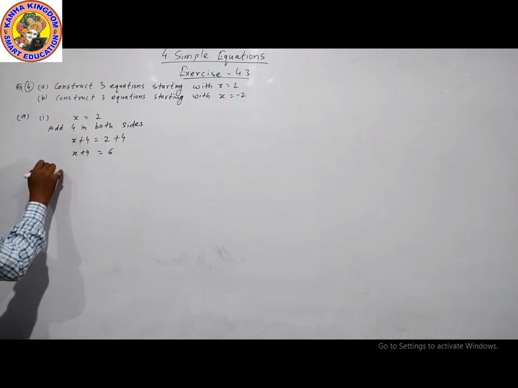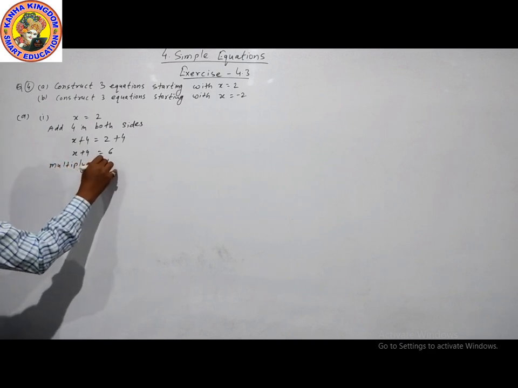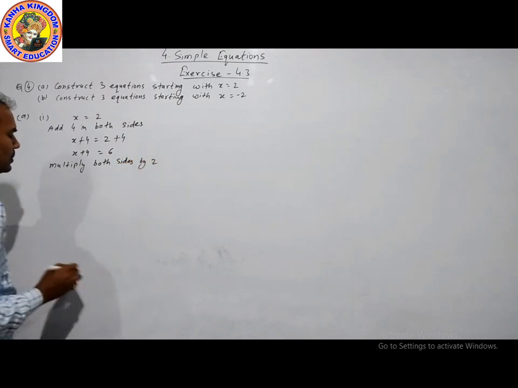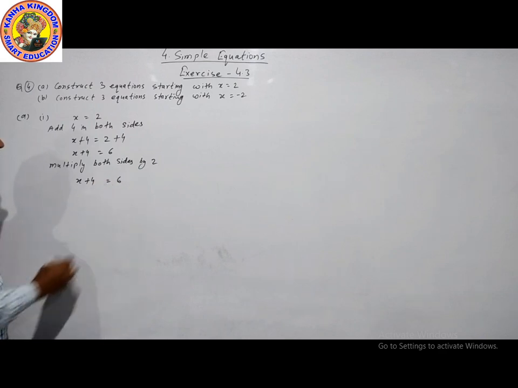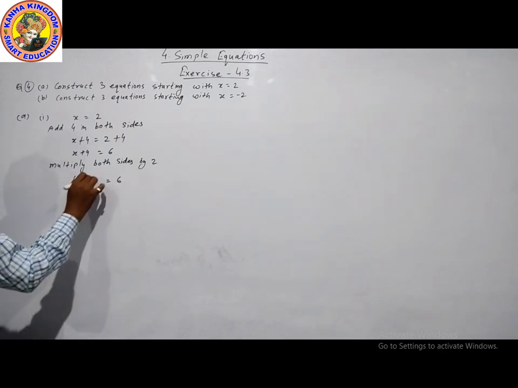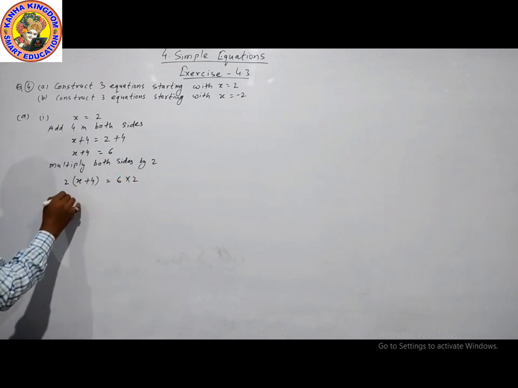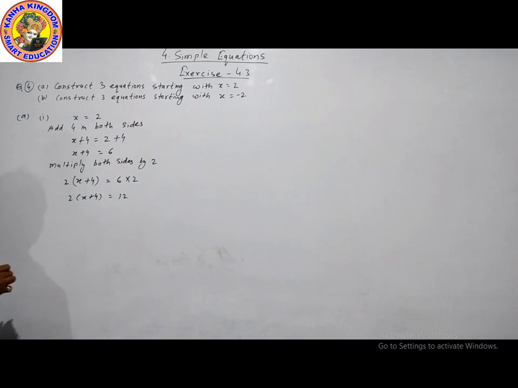Now multiply both sides by 2. The equation is x plus 4 is equal to 6. Now we will multiply by 2. 2 times (x plus 4) is equal to 12.